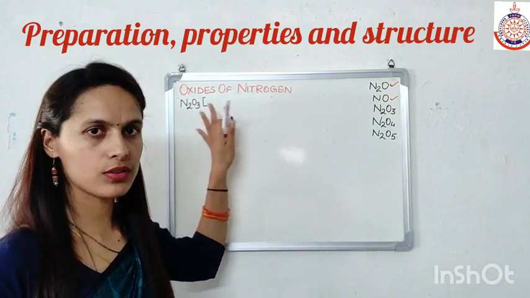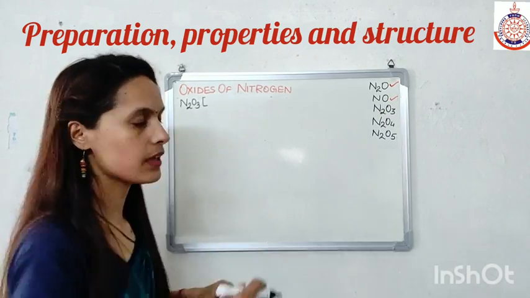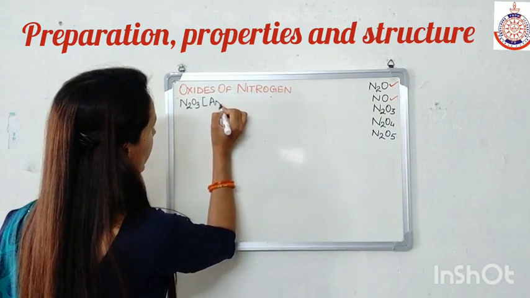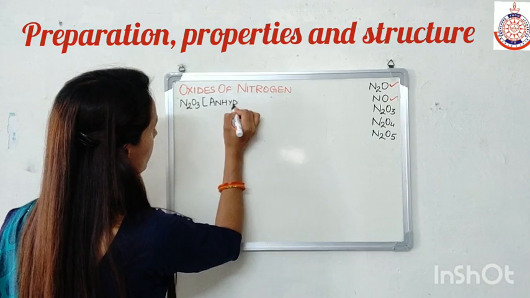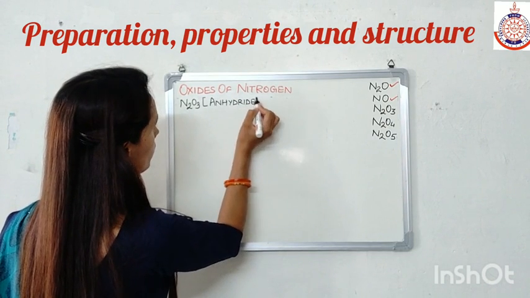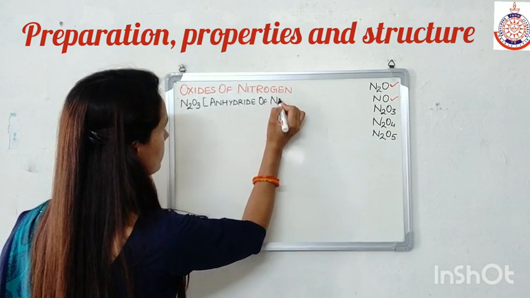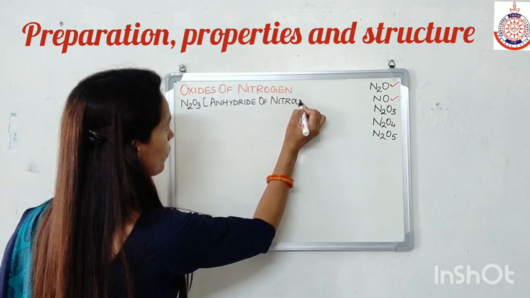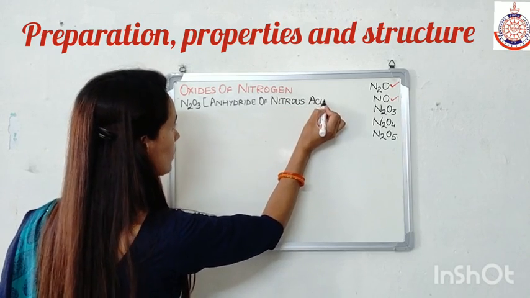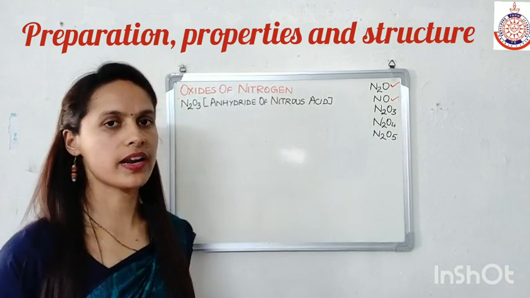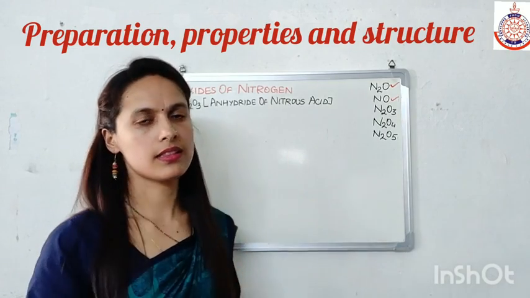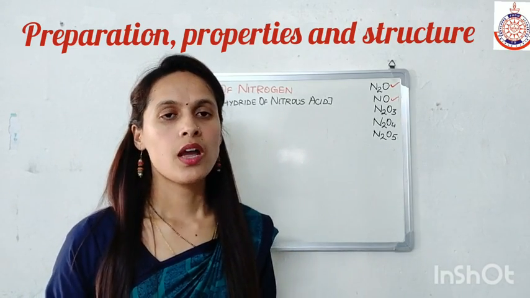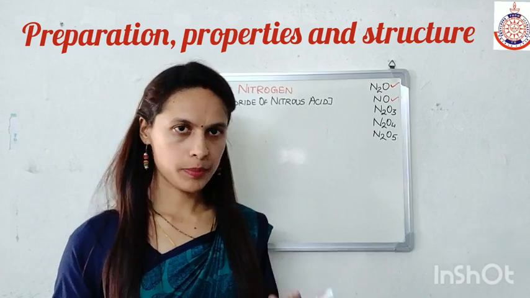One name is dinitrogen trioxide and the other name is anhydride of nitrous acid. Why is this known as anhydride of nitrous acid? We'll study in the properties of this compound. First of all, we'll talk about the preparation.